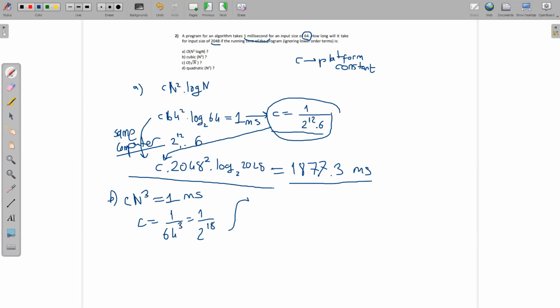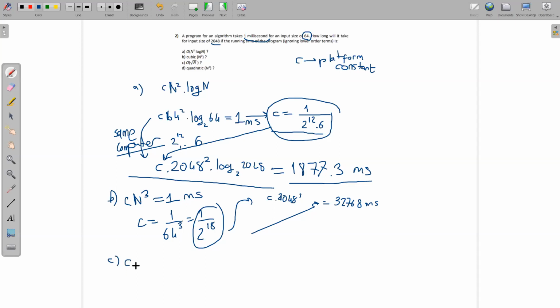Then C times 2048 cubed, we know that one, and we are just multiplying them. It gives us this value. You can check if you want.